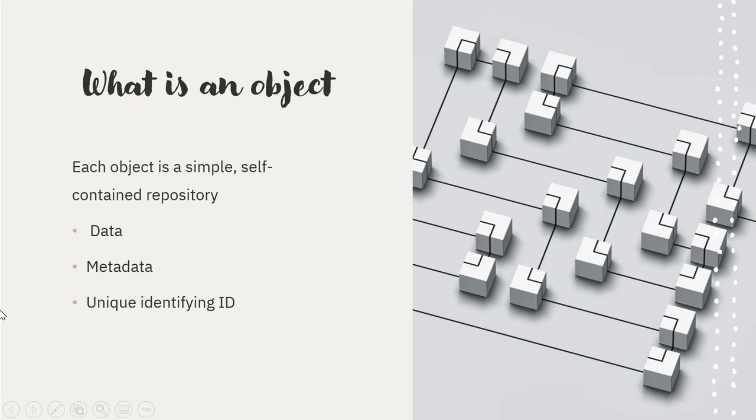And in an object-based storage, the basic building block is an object. We can think about an object as a self-contained repository, because each object will have three things: data, metadata, and a unique identifying ID. So every object will have an ID by which it can be referred to, it will have the actual data that we are storing, and it will have metadata about the object, which can be customizable based on how that object-based storage has been implemented.